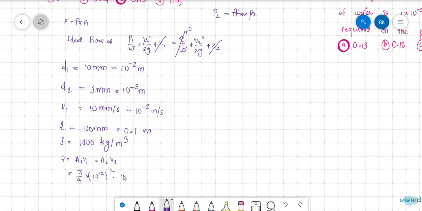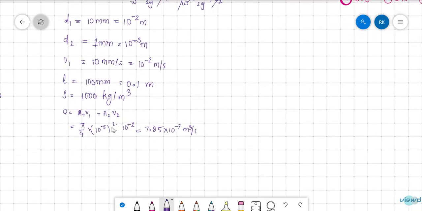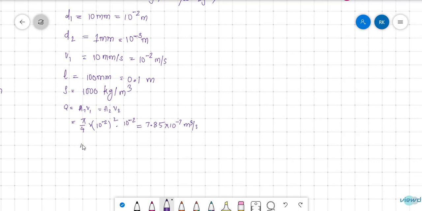What is velocity V1? 10 power minus 2. That will be equal to, discharge will be 7.85 into 10 power minus 7 meter cube per second. So this is the discharge, and we need this V2. So A1 V1 is equal to A2 V2. V2 is equal to A1 by A2 into V1. A1 is equal to pi by 4 D1 square, and A2 is pi by 4 D2 square.